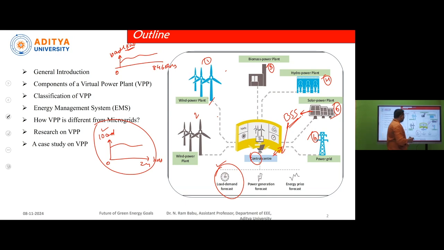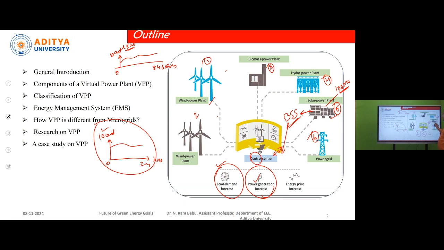And apart from load forecast, power generation forecast is also there. That means we are going to forecast the amount of energy that is being generated by the power stations. For example, today we have installed a solar power capacity of about 100 megawatts. In order to earn profits, maybe tomorrow or the day after tomorrow another company comes into the market and installs some amount of solar panels, and with that they generate more energy and try to sell the energy at low cost.